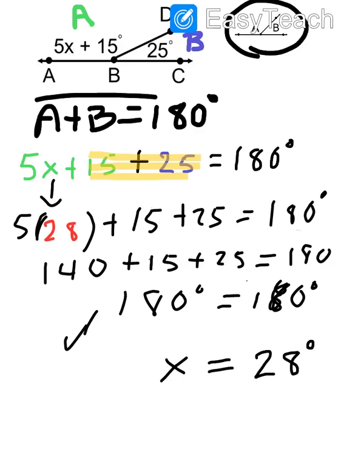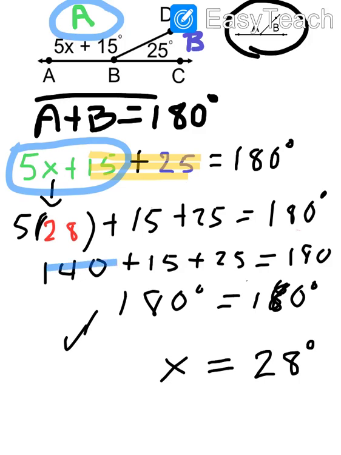Now, we know what x is. Here's the beauty of it. When you're looking at A up here, this is what I mean, it is just this part, right? So 5x plus 15, that's this piece right here.